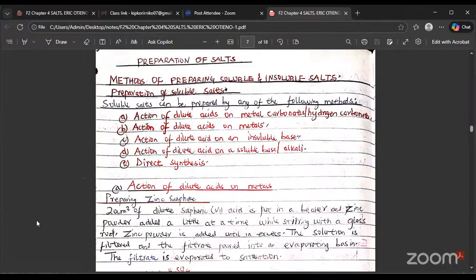I was talking about the carbonates. We have carbonates, we have hydrogen carbonates. What are these things called? Yes, they are called radicals.